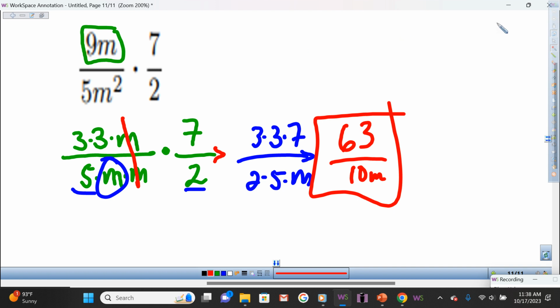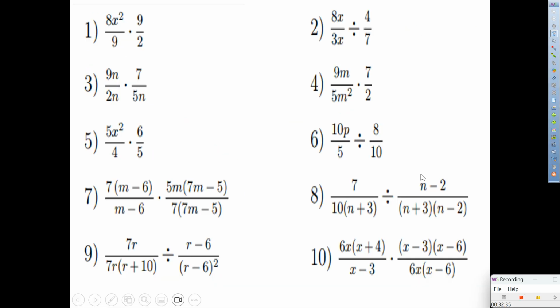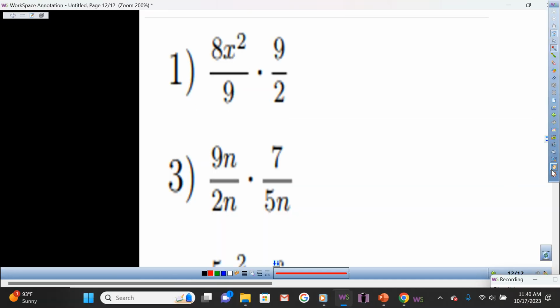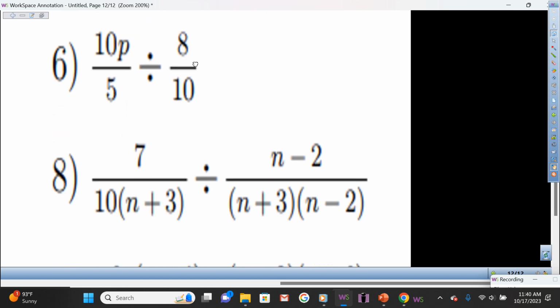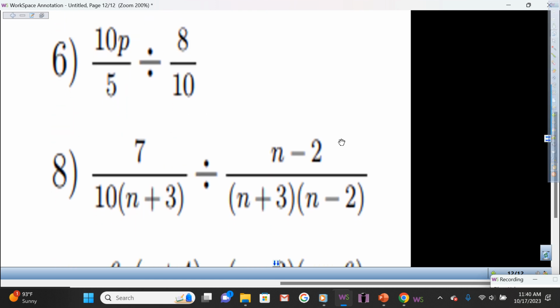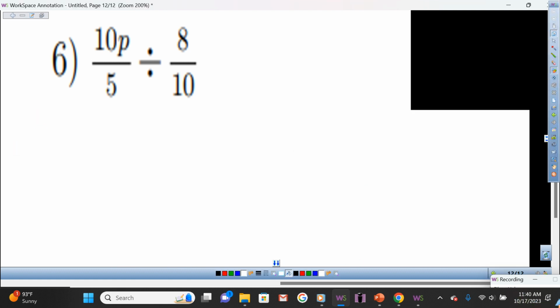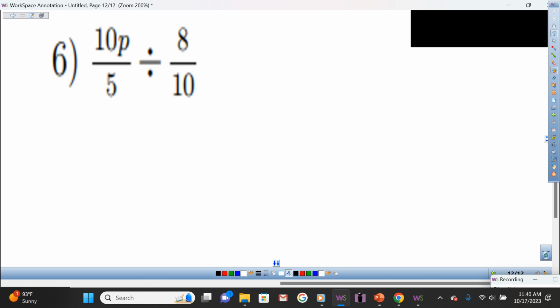Let's do another one. Example number 6. I'm going to give you a head start for number 6. It's very similar to number 2, the first one that we did. 10p over 5 divided by 8 tenths. Give you a head start.